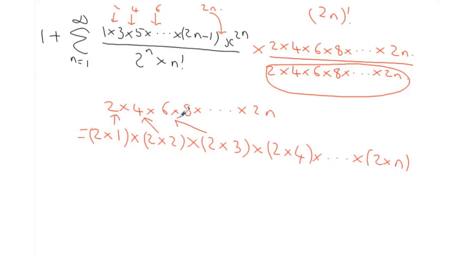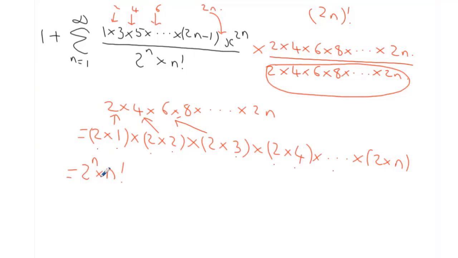And so what that is, you're going to have 1 times 2 times 3 times 4 times 5 times 6 all the way up to n. So that you've got an n factorial. But you've also got 2 times 2 times 2 times 2. For every term, there's a 2 multiplying it. So that's going to be 2 to the power n. So on the bottom, you've got 2 to the n times n factorial.